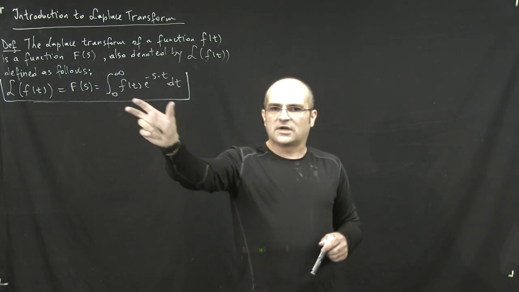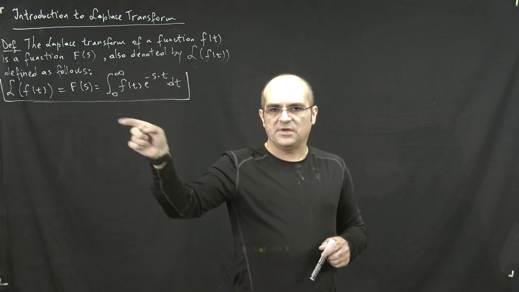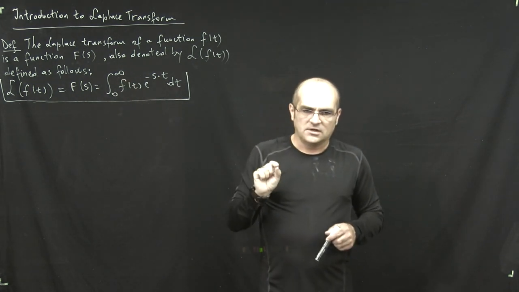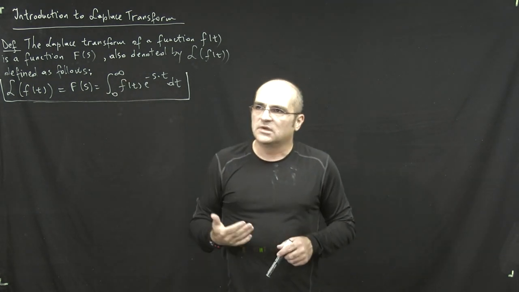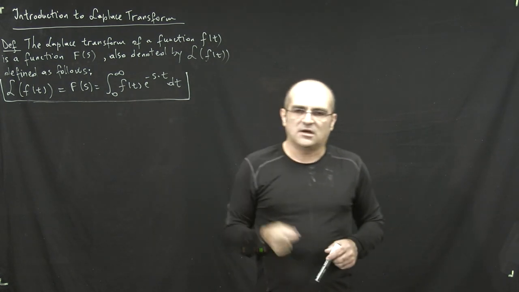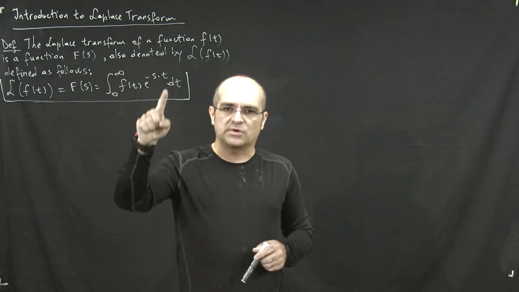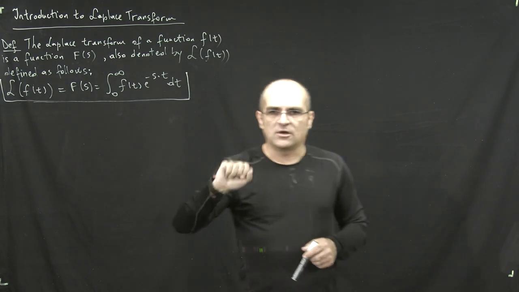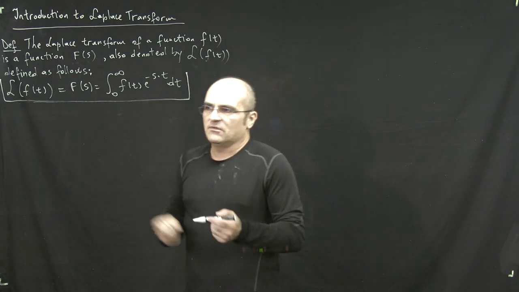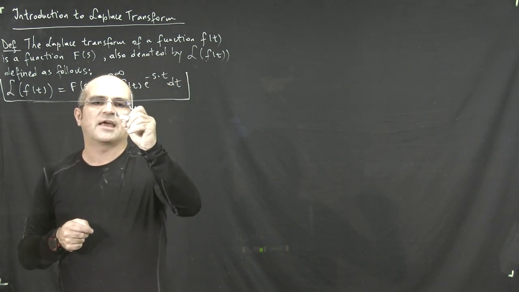So once you do this integral with respect to t, the answer would be an expression in terms of s. Now that's an improper integral, and we will always assume various bounds or limits on s that will ensure this integral exists, and also some assumptions on the function f of t. For this definition to make sense, we want to make sure that this integral is finite.